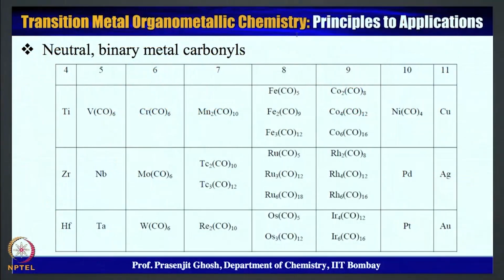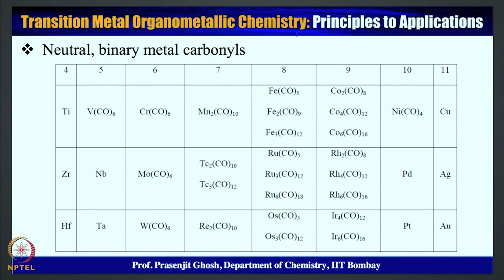Now, with this introduction, let me just say that many transition metal carbonyl compounds are known to be binary compounds, or binary metal carbonyls, which are homoleptic complexes where there are no other co-ligands present.